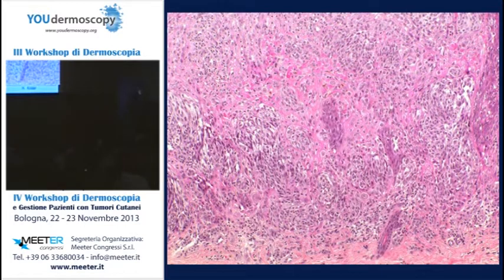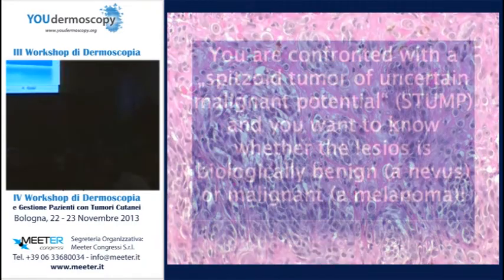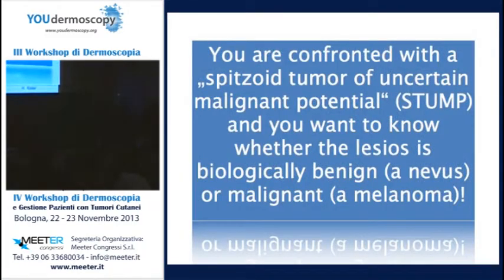Is it of benefit for the patient and for you to do a sentinel node biopsy to find out if this is malignant or benign? This is what I call diagnostic lymph node dissection, to make a better diagnosis by doing a sentinel node biopsy. You are confronted with a spitzoid tumor and you want to know whether it is benign or malignant.